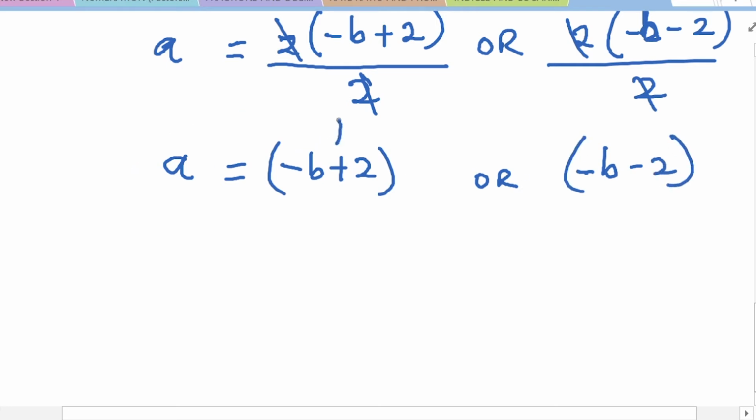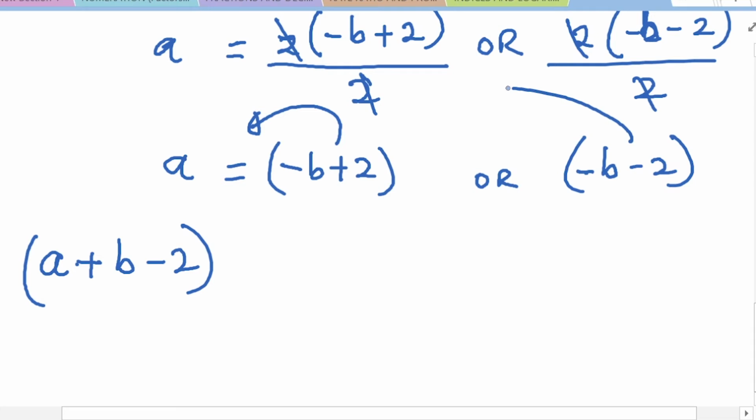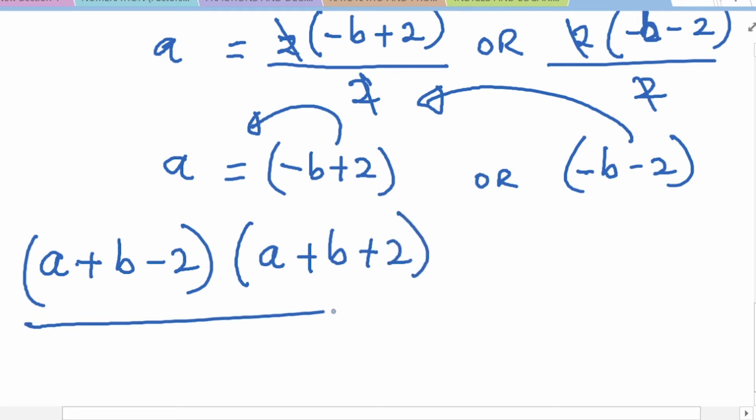Of course, if you transfer this to the other side, this is a plus b minus 2. And then if you transfer this to the other side, it also becomes a plus b plus 2. And you realize that there we have factorized the expression. So that's how we factorize that expression fully.